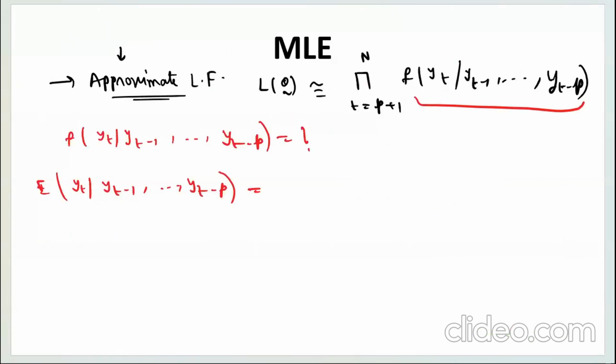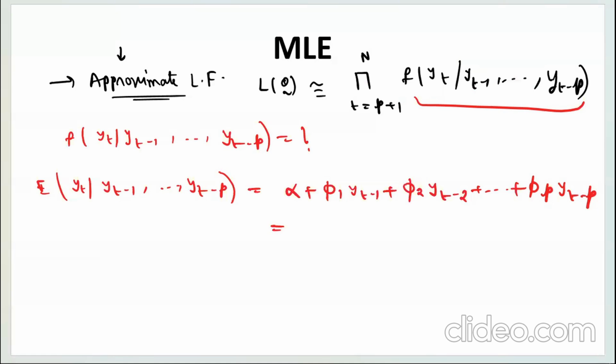So you will be left with alpha, the constant portion, and the summation.